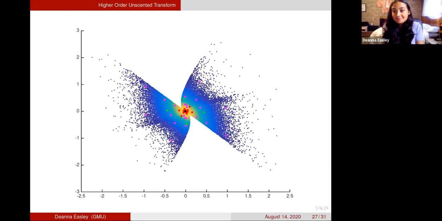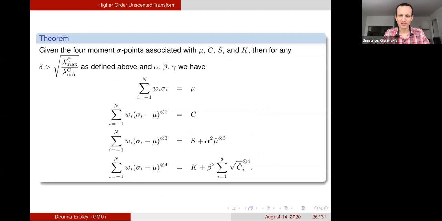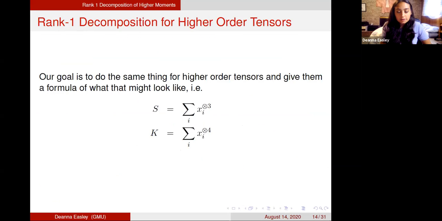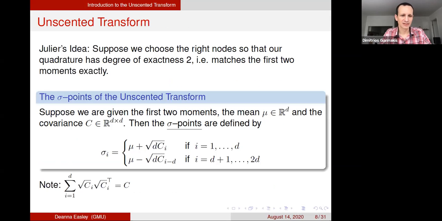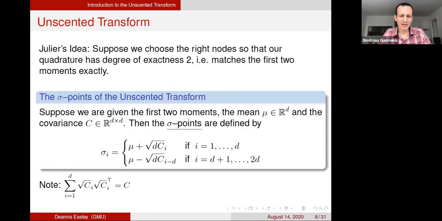Quick question. One thing I didn't quite get, both for the standard unscented transform and the higher order counterpart: the assumption here is that you know exactly certain moments, like the mean and covariance, a priori. So when you set up even the standard unscented transform, the mean and the covariance are given as input data, right?